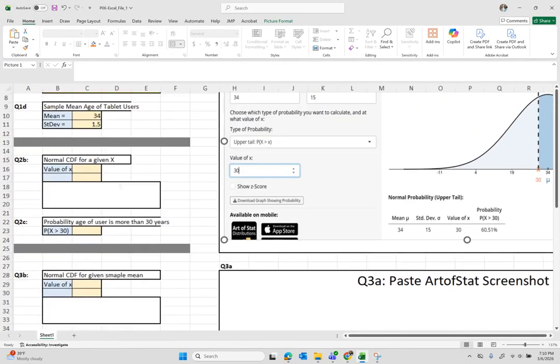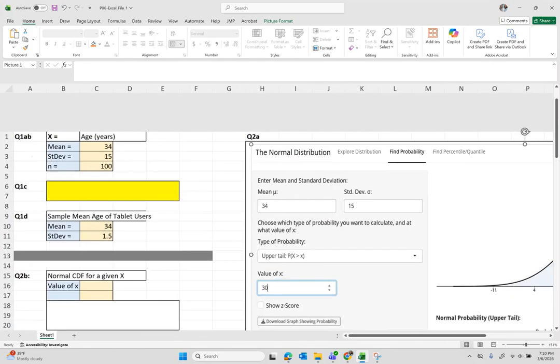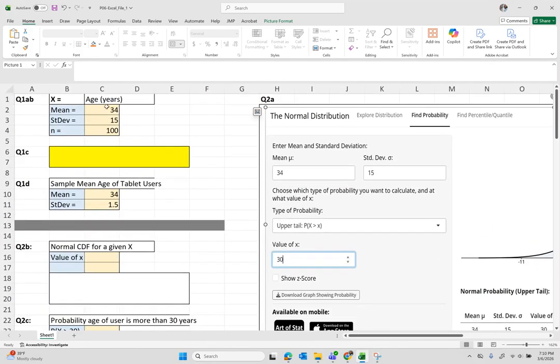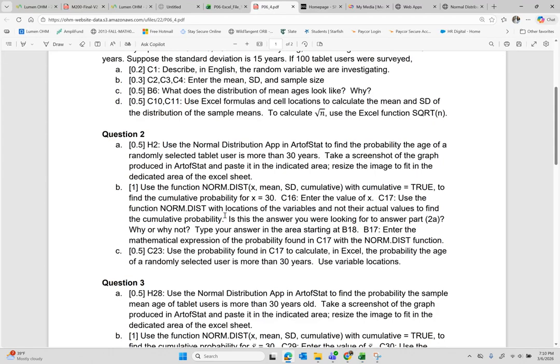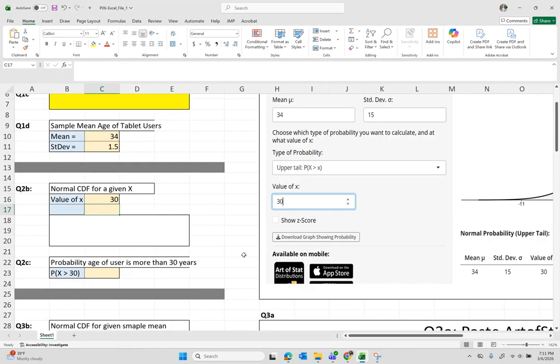So remember that this Excel project is going to imitate what Art of Stat does, and in Art of Stat, you enter the mean, the standard deviation, and n, and then you enter the value of x. So the value of x here is 30. And then we are asked, in C17, to use the function normal dot distribution with locations of the variables to find the cumulative probability.